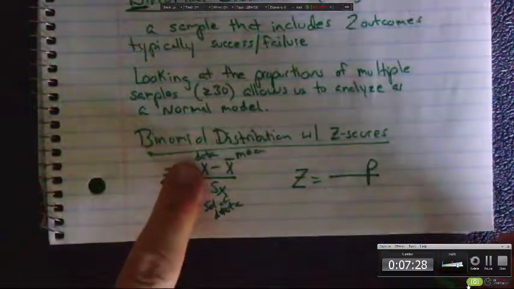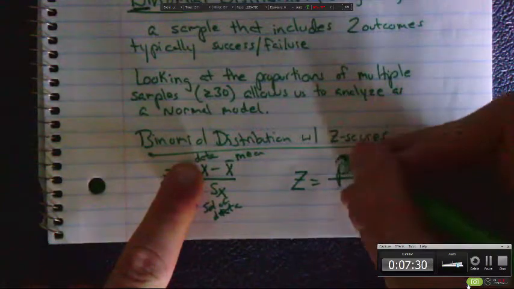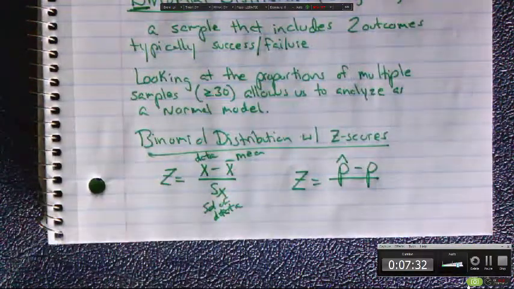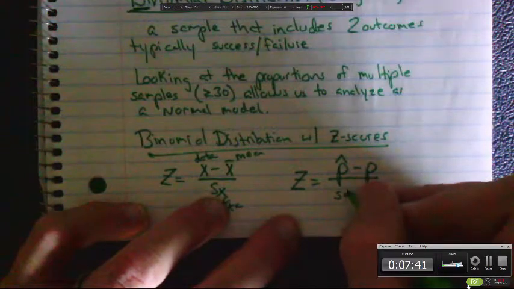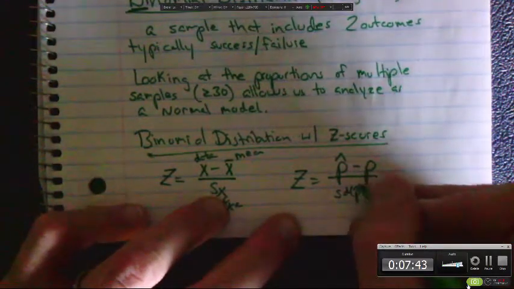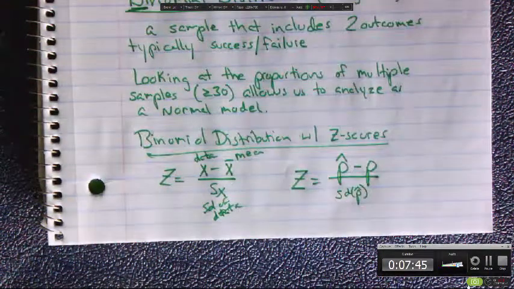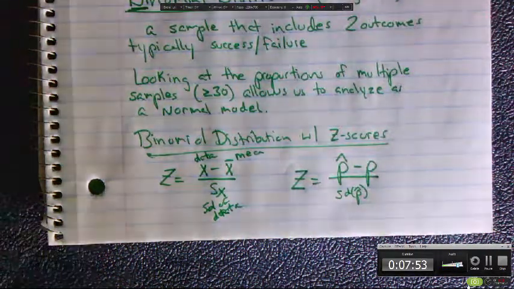So our data in this case is going to be what we collect, which is p hat, the sample proportion. And then we divide that by the standard deviation of our data, which is the standard deviation of p hat. Because p hat, what we collected, our individual sample proportion is our data.